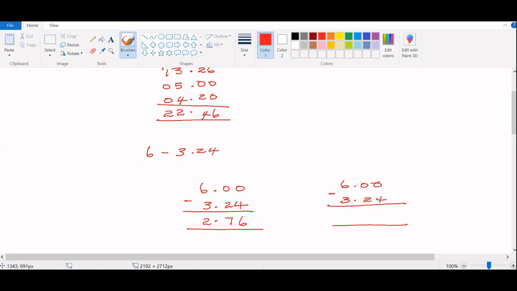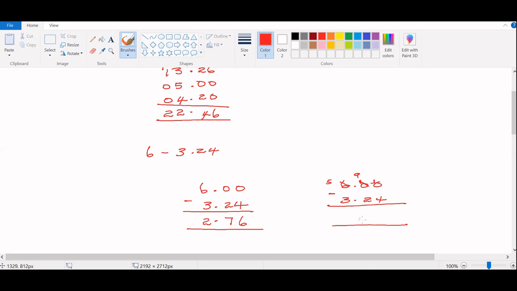We can't borrow from 0, so we have to go all the way here and borrow, and this becomes 5. So we borrow 1 from here, becomes 5. I can't go all the way to the last 0. The column next door becomes 10. I have to borrow from that for the next column. So this column becomes 9 and the 1 here.